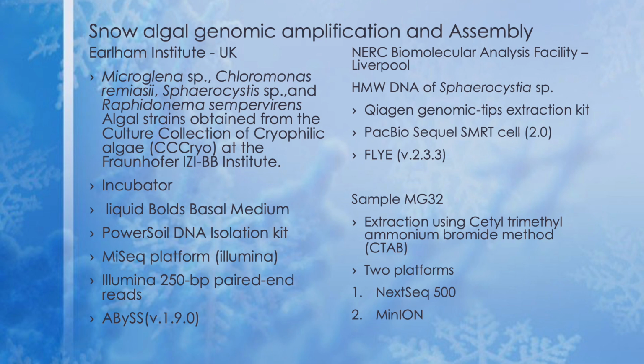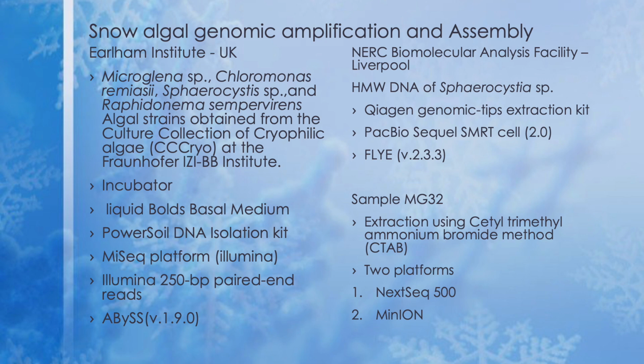Sample MG32 was extracted with the CTAB, cetyltrimethylammonium bromide, method and sequenced on 2 platforms. Illumina libraries were prepared using NEBNext Ultra 2 FS DNA library prep kit and sequenced on a NextSeq 500 instrument with the 300 cycles version 2.5 chemistry.